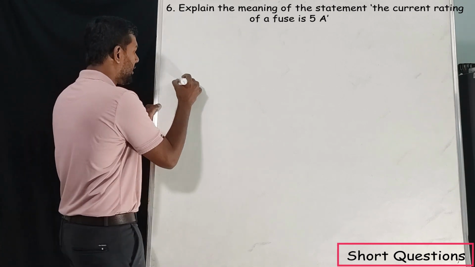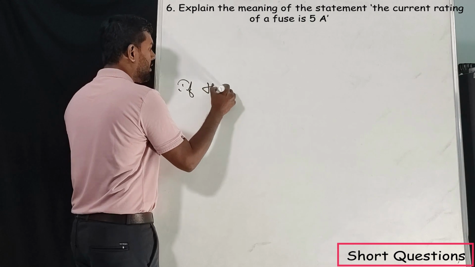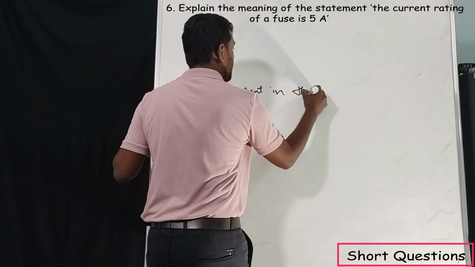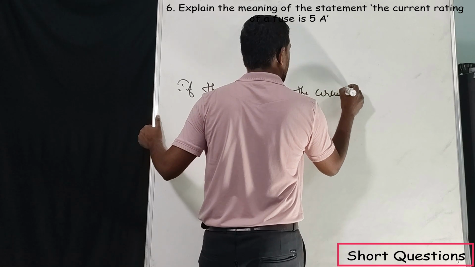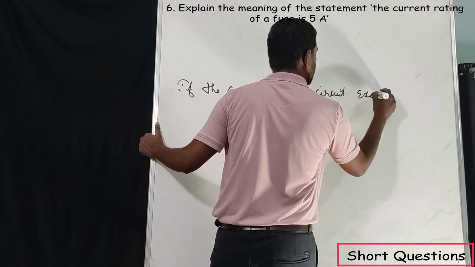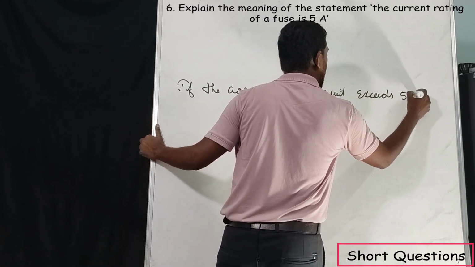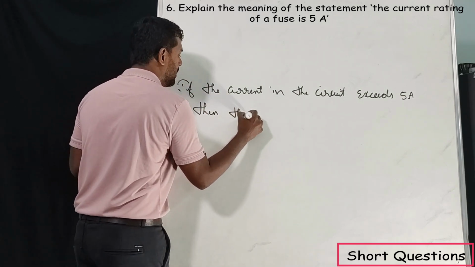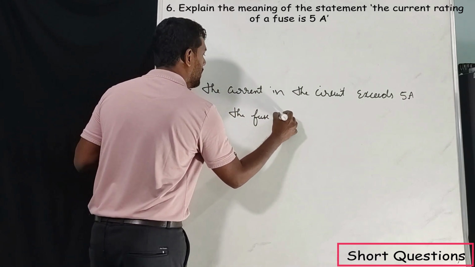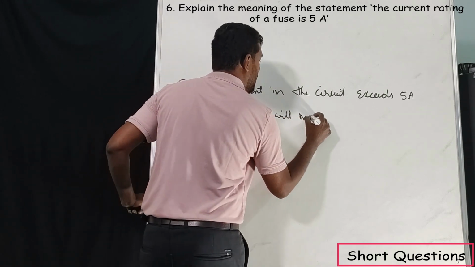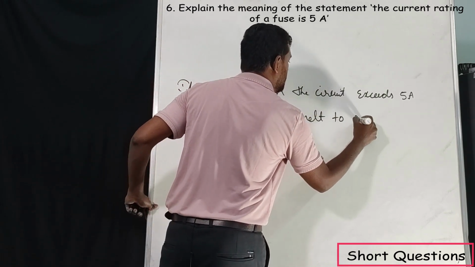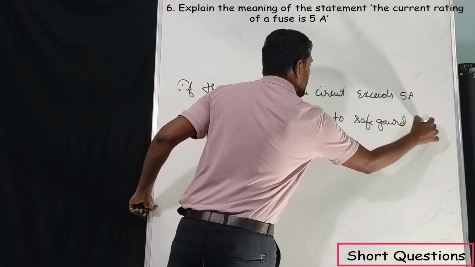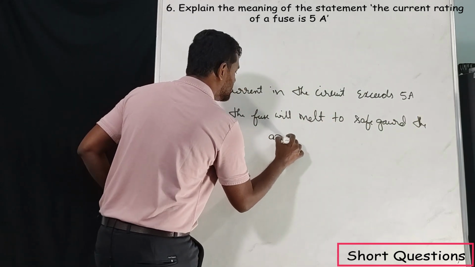That means if the current in the circuit exceeds 5 ampere, then the fuse will melt to safeguard the appliances.